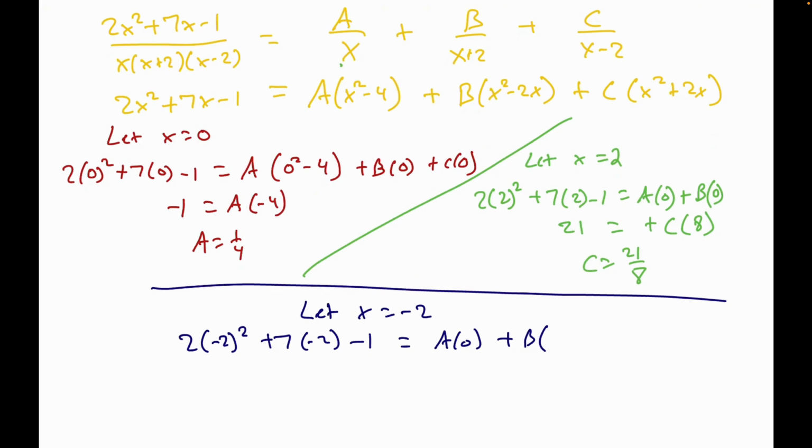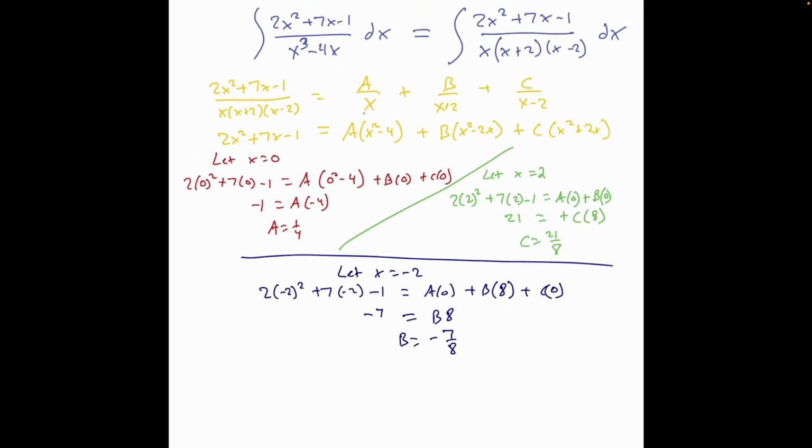Minus 2 times negative 2 is a plus 4, so that's B times 8, and the C is 0. So we end up with 8 minus 14 minus 1, which is negative 7, equals B times 8, and then we divide by 8 on both sides and get B equals negative 7/8.